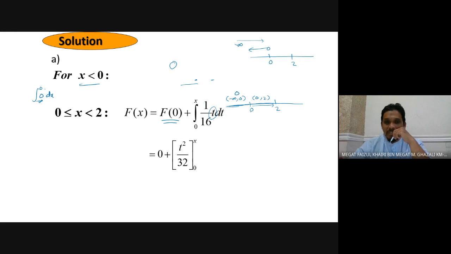So 1 over 16 t with respect to t. The integral of t gives t squared divided by 2, so we get t squared divided by 32, from 0 until x.